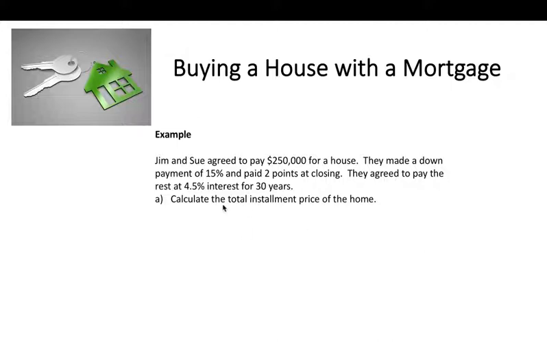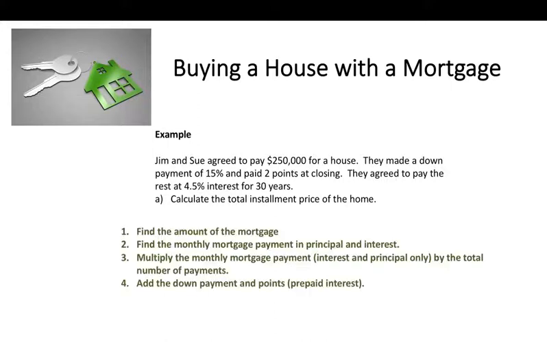So first we're going to calculate the total installment price of the home. This is going to take quite a bit of work, so we have 4 steps to go through. First, find the amount of the mortgage, that's how much they're borrowing. Second, find the monthly mortgage payment in principal and interest. You can do that using the calculator or the chart.